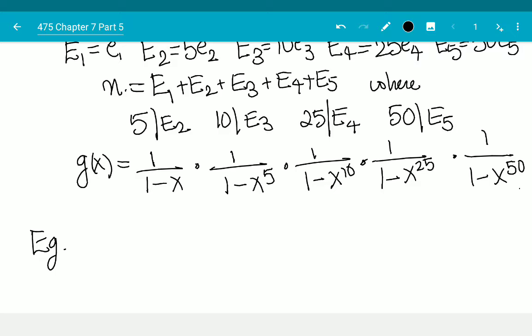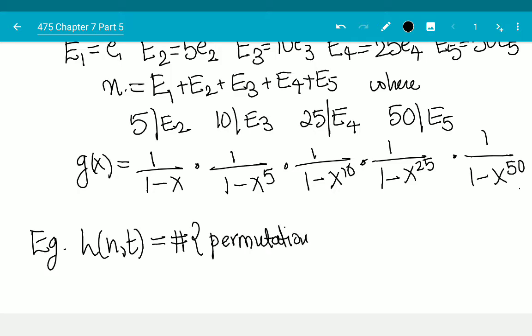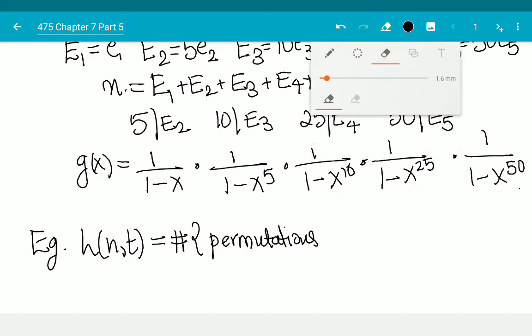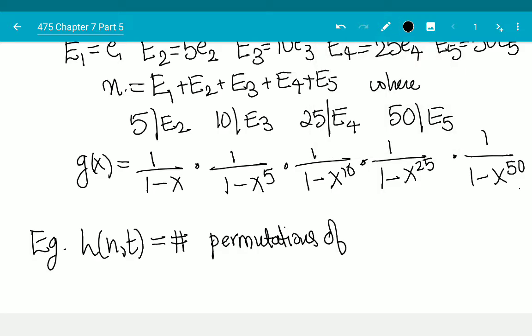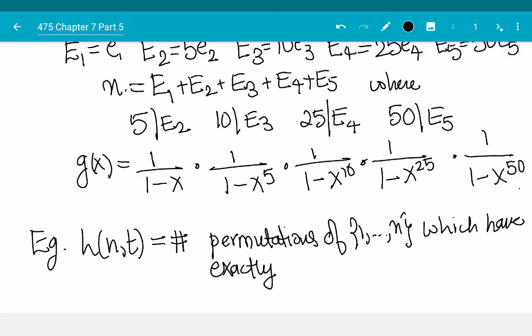Suppose h of n, t is the number of permutations of 1 to n which have exactly t inversions.